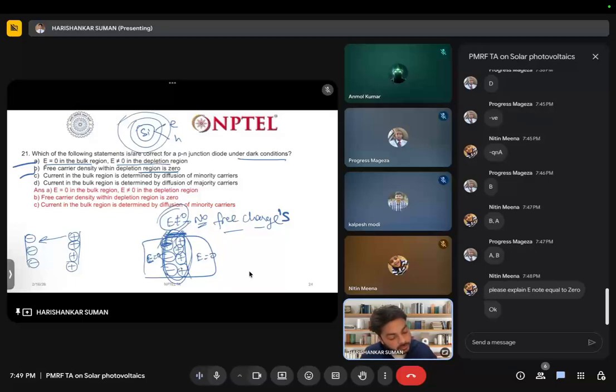So the electric field due to protons, let's say kq by r square, with the number of protons equal to n, equals kn times the negative charge of electrons by r square, which will be the same.